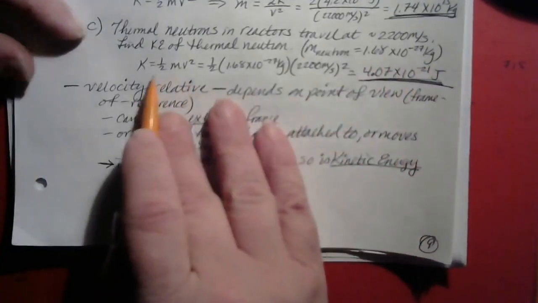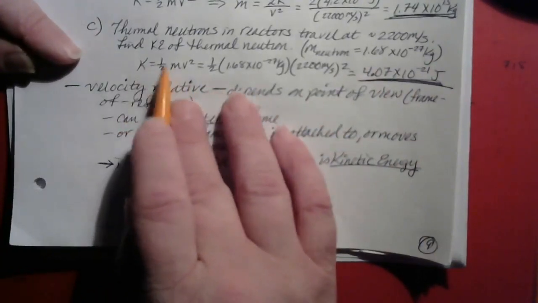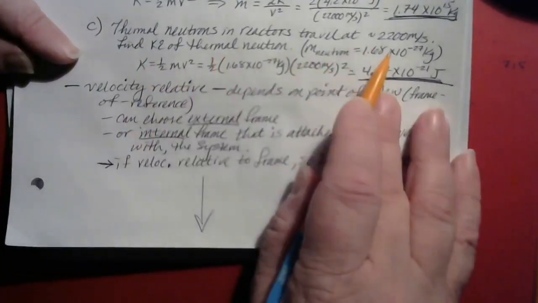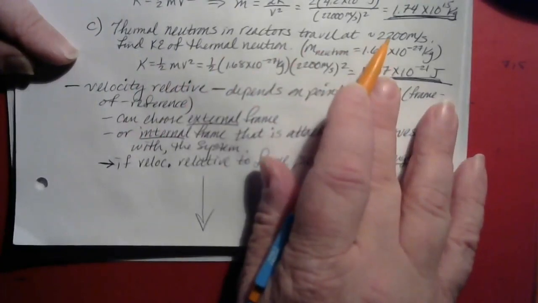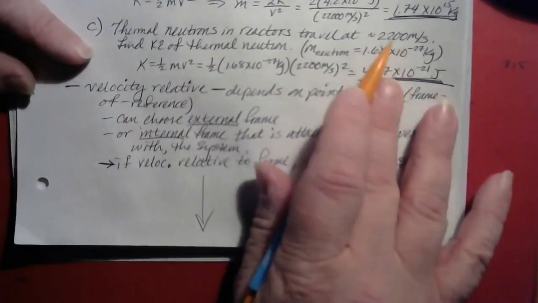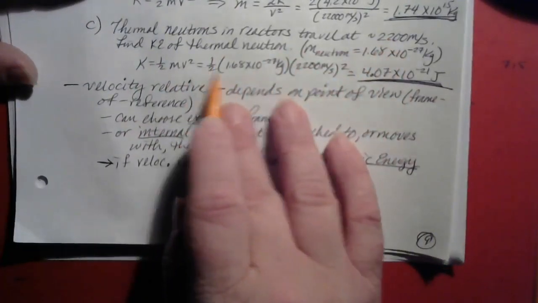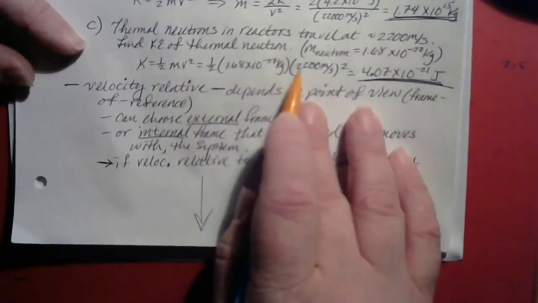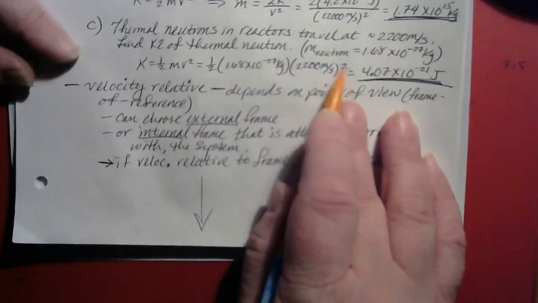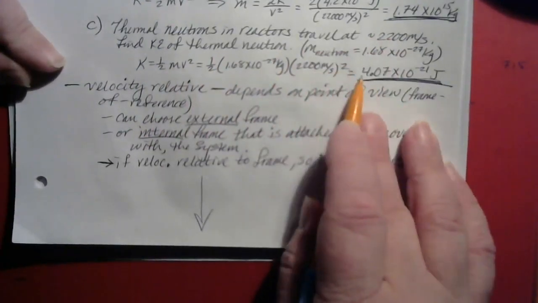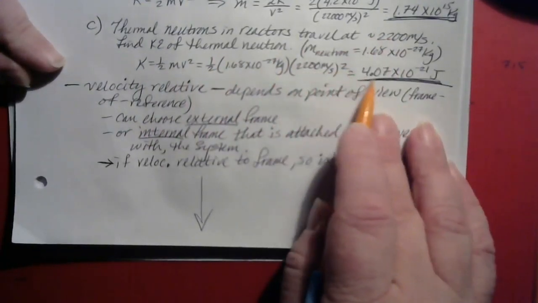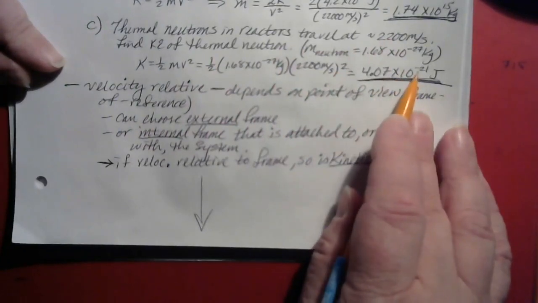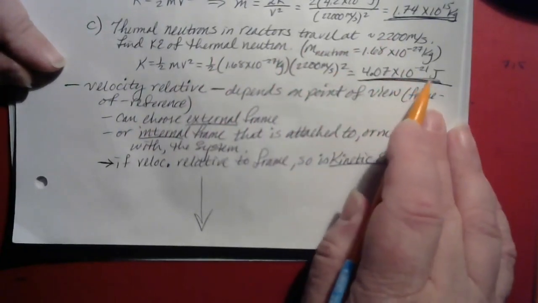The kinetic energy is going to be 1/2 mv squared. We have the mass and the velocity in the proper SI units. So it's just 1/2 times 1.68 times 10 to the minus 27 kilograms times 2,200 meters per second, the quantity squared. And that gives us an energy of 4.07 times 10 to the minus 21 joules.